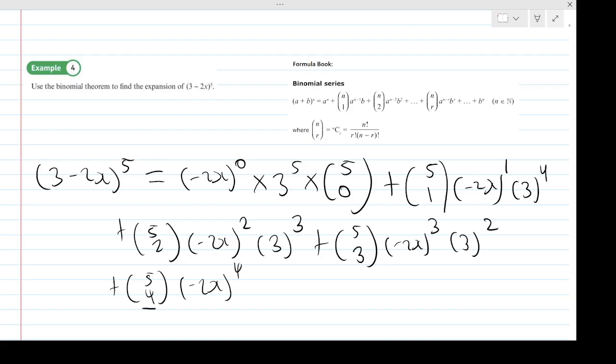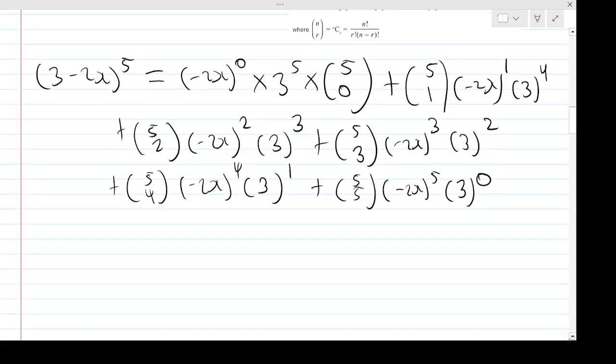Hopefully you're recognising the numbers going up, the coefficient corresponds to the power of the x part. And then the last term, and I know it's the last term because now the numbers are the same in the coefficient, and also the power of x is 5, which matches. So that's the power of 5, then 3, the other number, would be a power of 0 to match. And there we are, so that's all the terms.